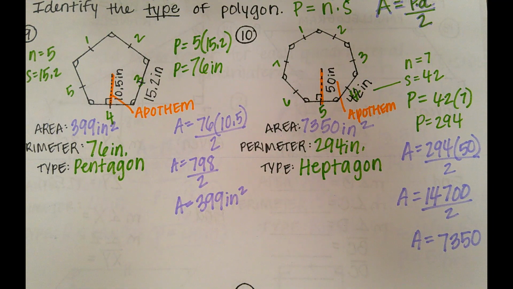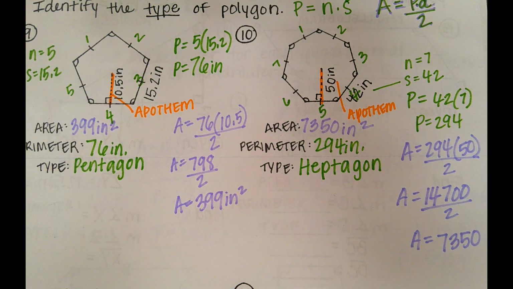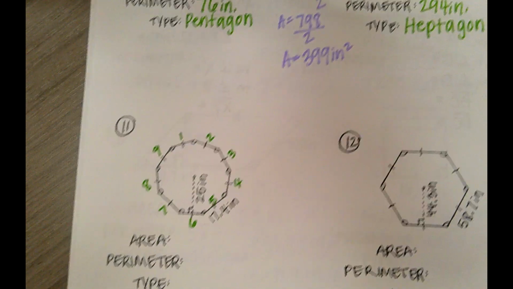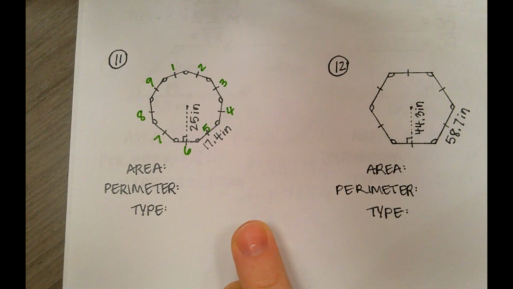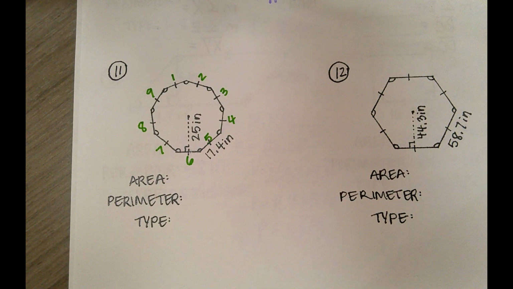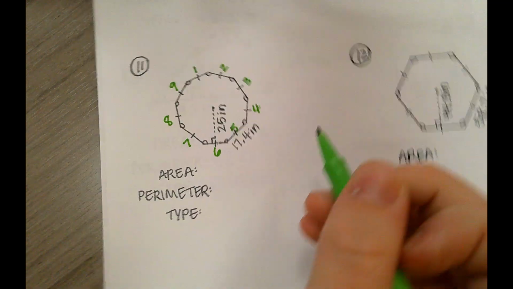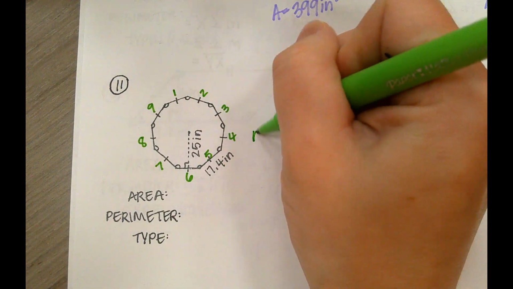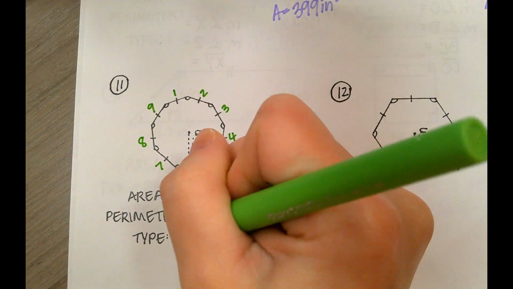Now, let's look at number 11. I already counted the sides for you. What type of polygon is this? It's a nonagon. Good.